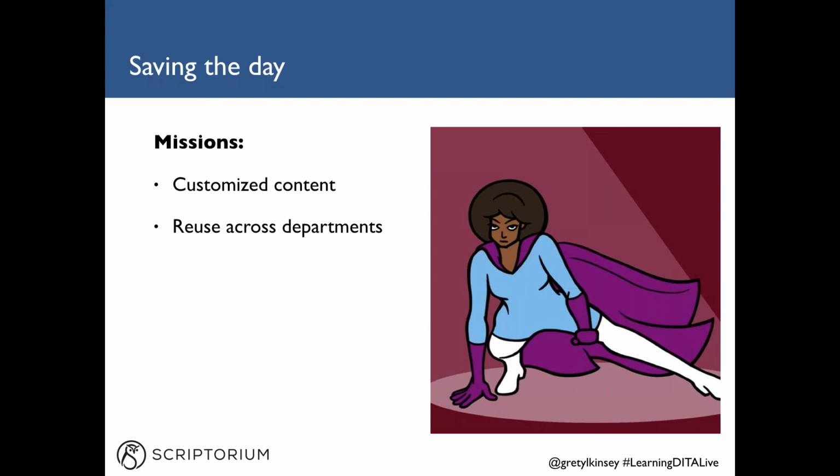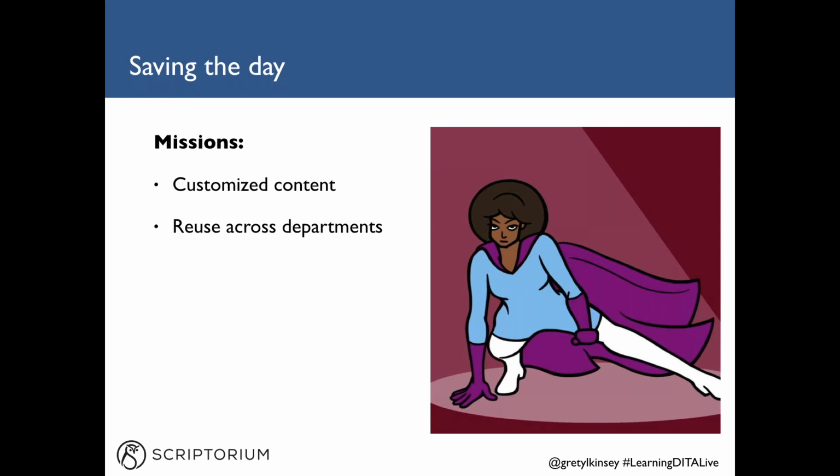So conref push can allow each team to add specific information to a main shared document set without having to be saddled with each other's content or worrying about filtering it out. And of course, filtering is a perfectly valid thing to do in DITA, but depending on how your setup is, conref push might make more sense.